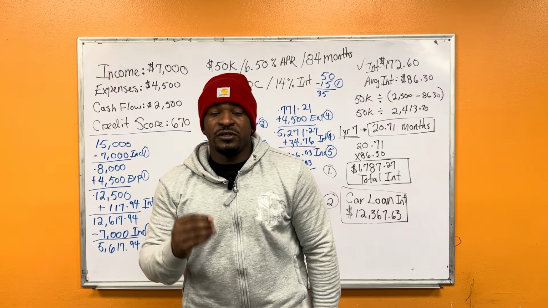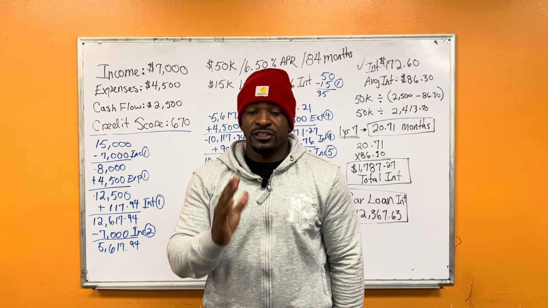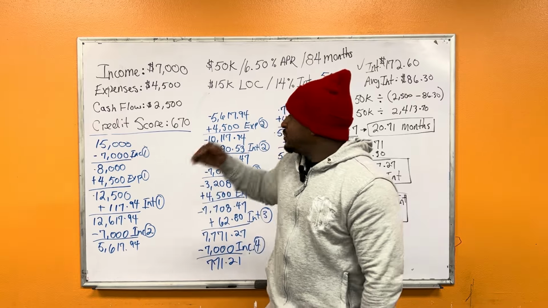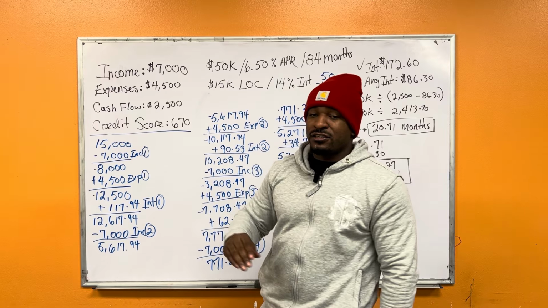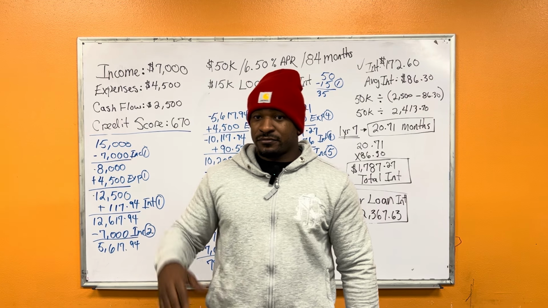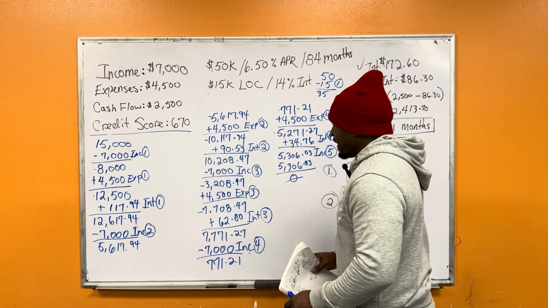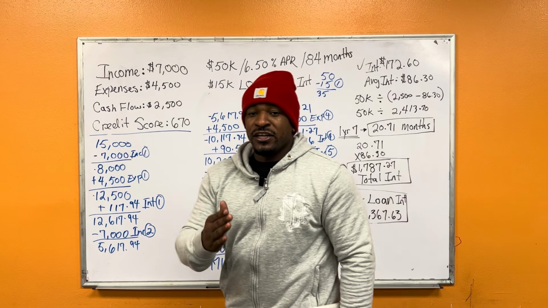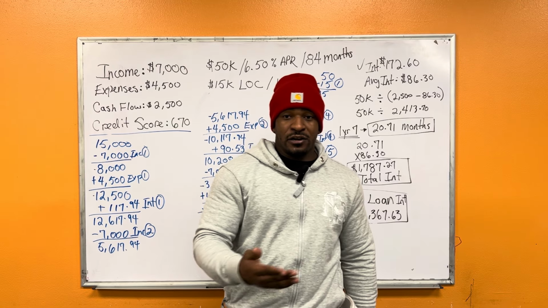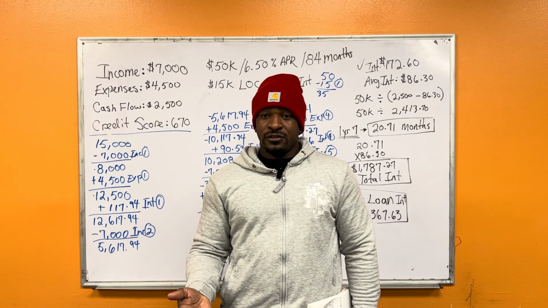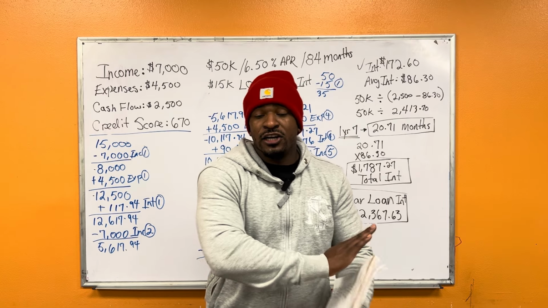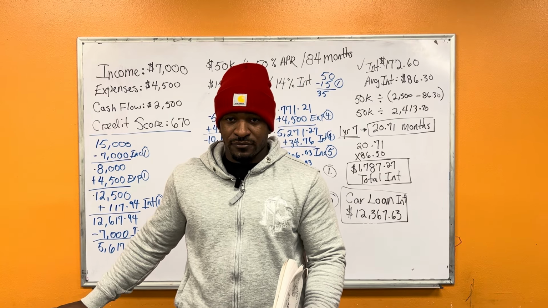What we call this is the chunking method. You chunk $15,000 until your debt is gone. Now that we know how long it takes to pay off your $15,000, we're solid all the way across the board.